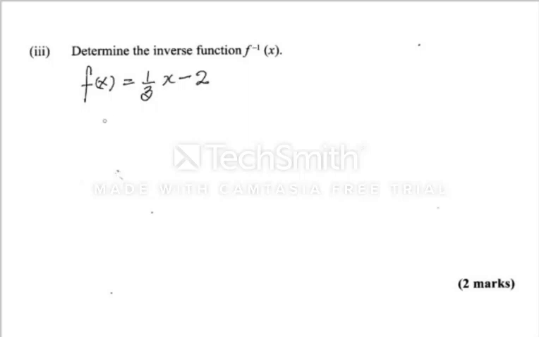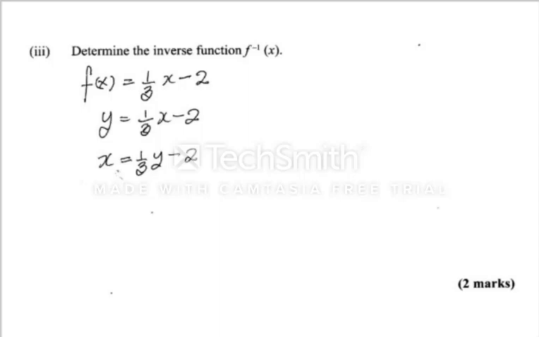So we're going to take out f of x and put y. Y is equal to 1/3 x minus 2. Step 2, we're to interchange x and y. That means that wherever you see x, put y, and wherever you see y, put x. So x is equal to 1/3 y minus 2.